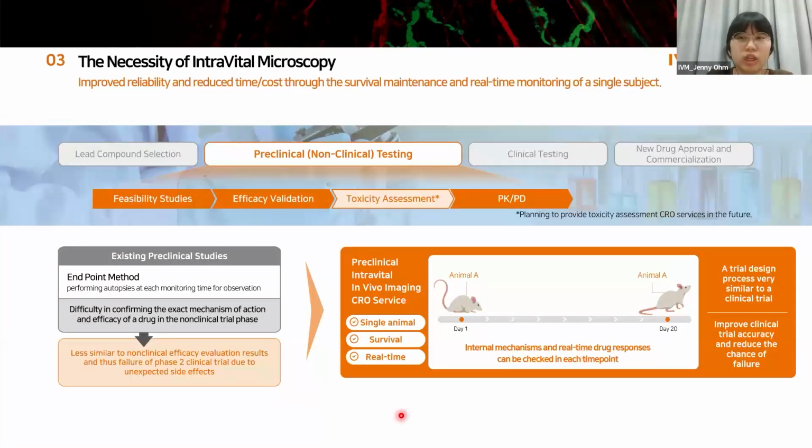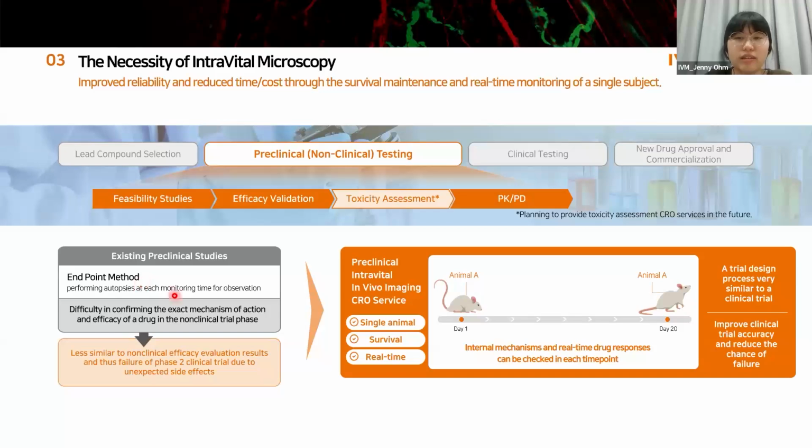As mentioned earlier, one of the most traditional methods used to analyze drug responses in the drug development process is the endpoint method. This approach involves sacrificing animals at specific time points to collect tissue samples for histological analysis.